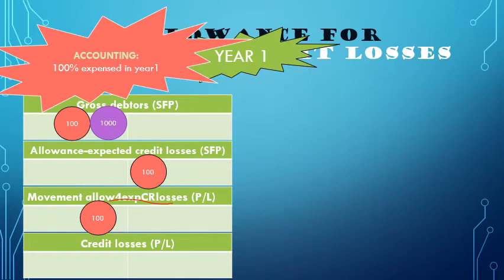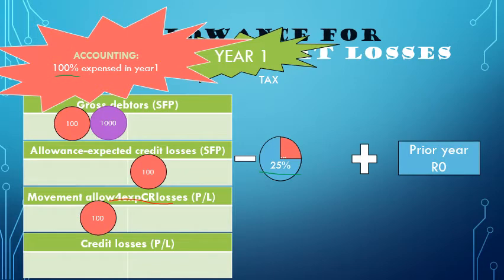So what happens for the allowance is that we are effectively expensing 100% of this debtor in year 1 for accounting purposes. Now, what happens for tax purposes? For tax purposes, we will only be allowed to deduct 25% of our SFP balance for allowance of expected credit losses in the current year, and we will have to add back the deduction that we got last year, so 25% of the prior year.